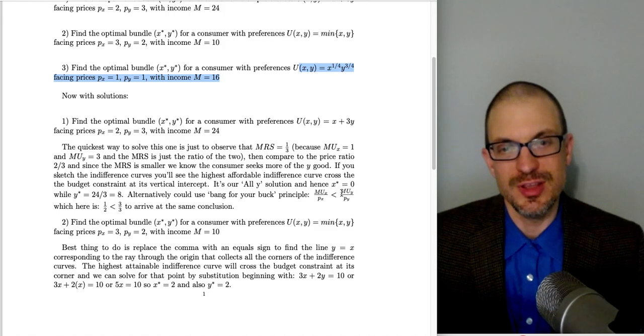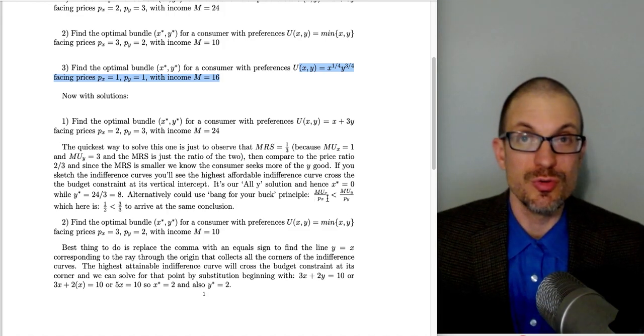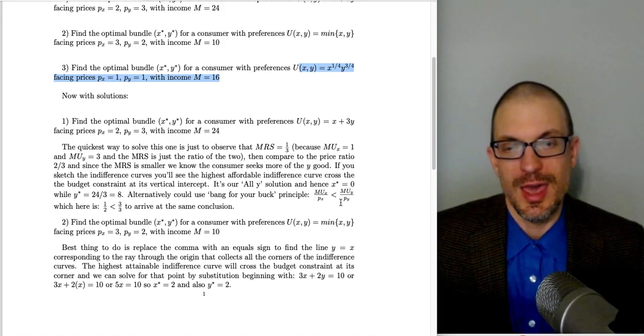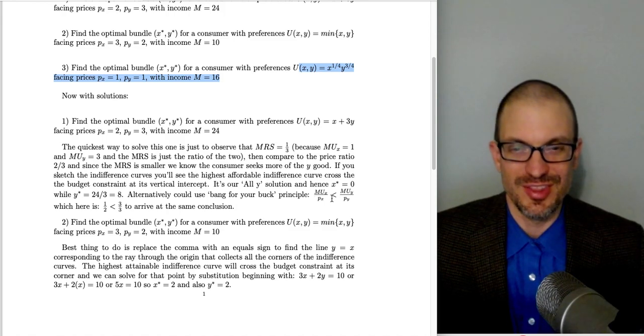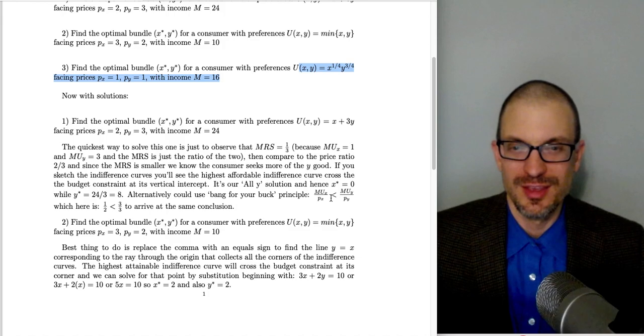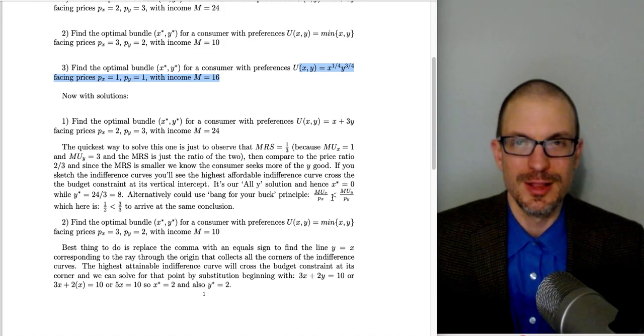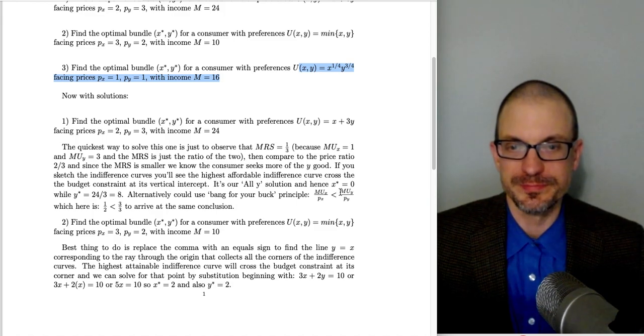Because the marginal utility of Y divided by the price of Y is greater than the marginal utility of X divided by the price of X, we should increase our consumption of Y. And with perfect substitutes, this would always be true. So our consumer would want to unboundedly consume Y, but they can't because income is finite. So that's why we get our corner solution.